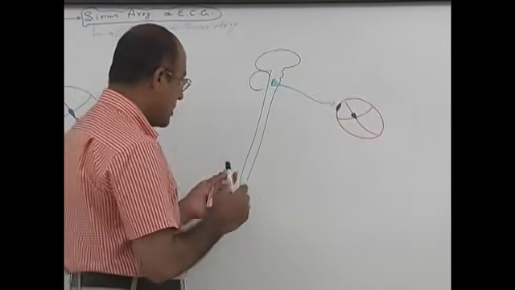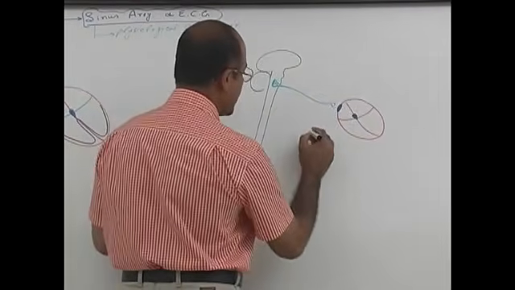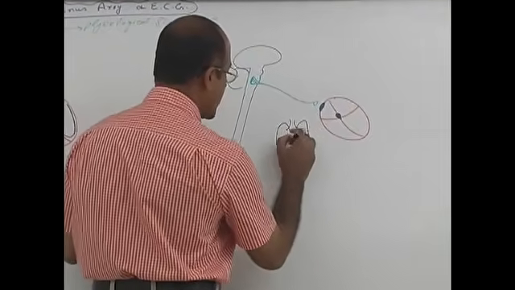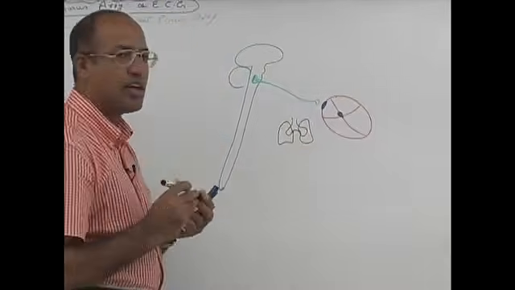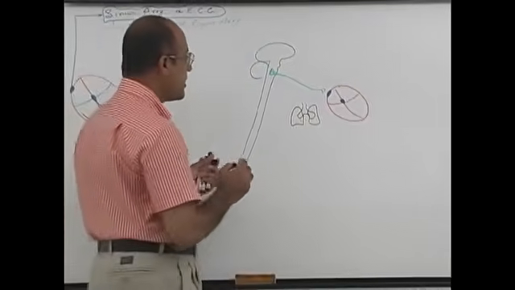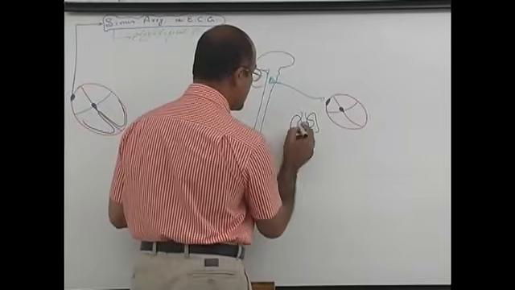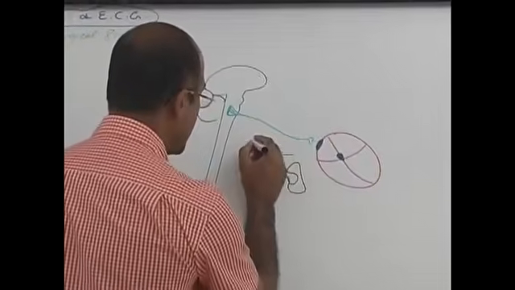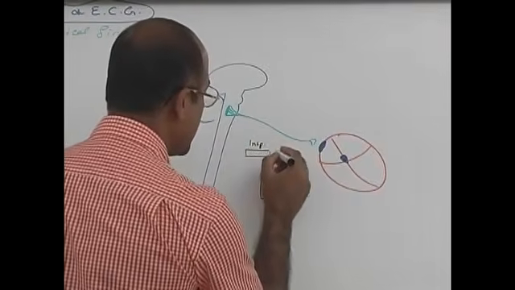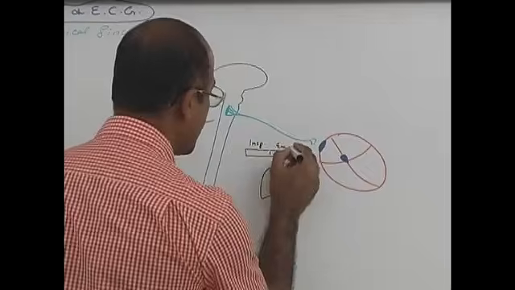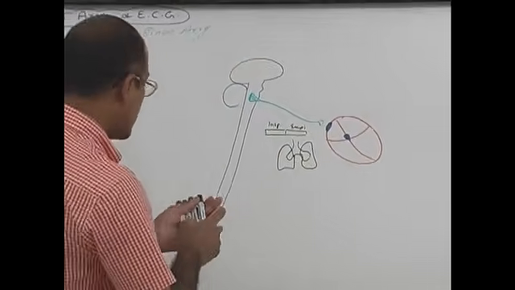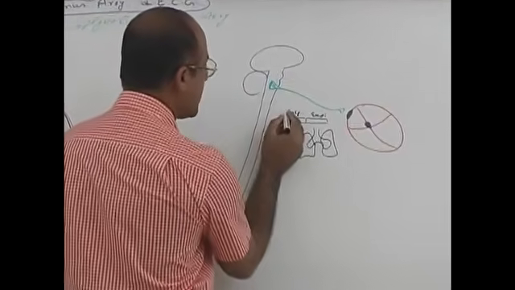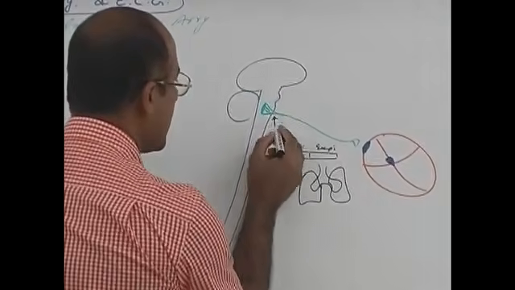Now, a very important concept to understand is that vagal activity fluctuates during the respiratory cycle. Suppose here is inspiration and here is expiration. During the inspiratory phase, vagus is inhibited.